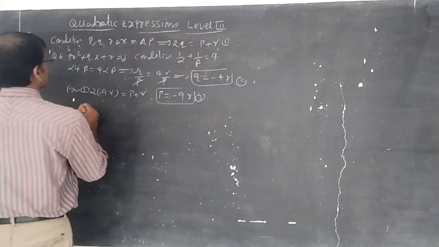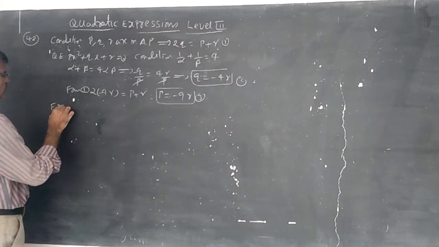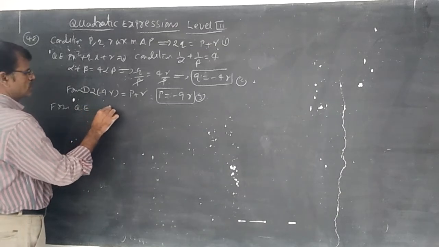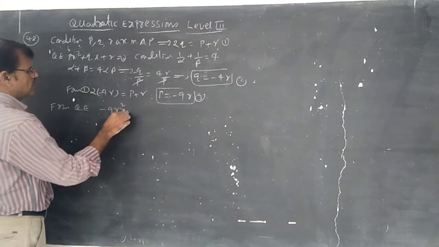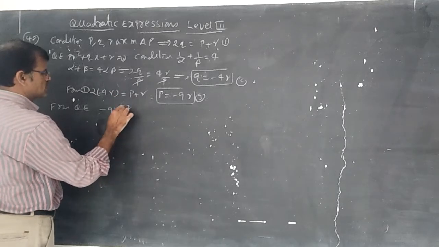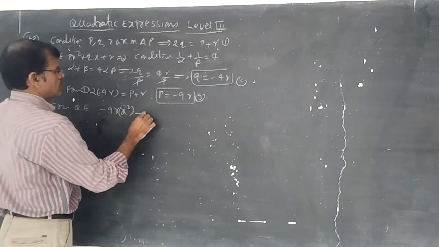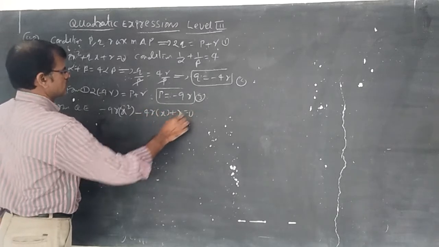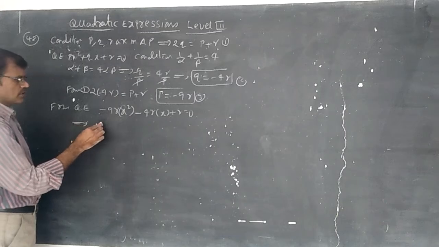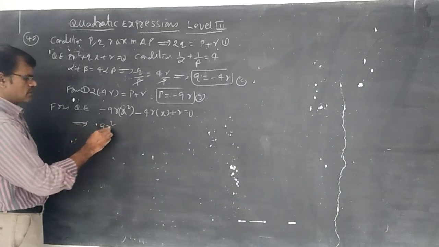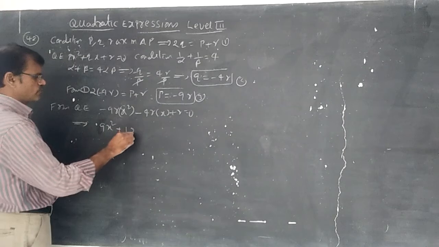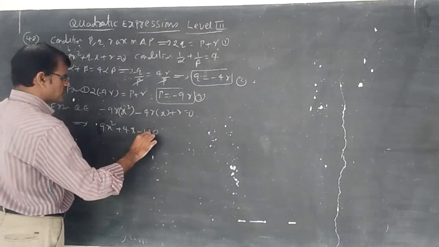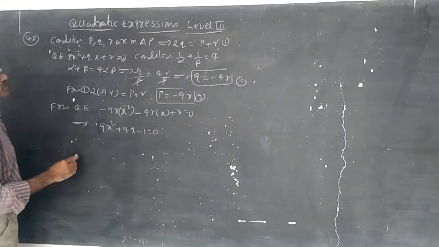Now from the quadratic equation, substitute the values: minus 9r into x square, minus 4r into x, plus r is equal to 0. Divide by minus r. We get 9x square plus 4x minus 1 equal to 0. So we got a quadratic equation in terms of numbers.